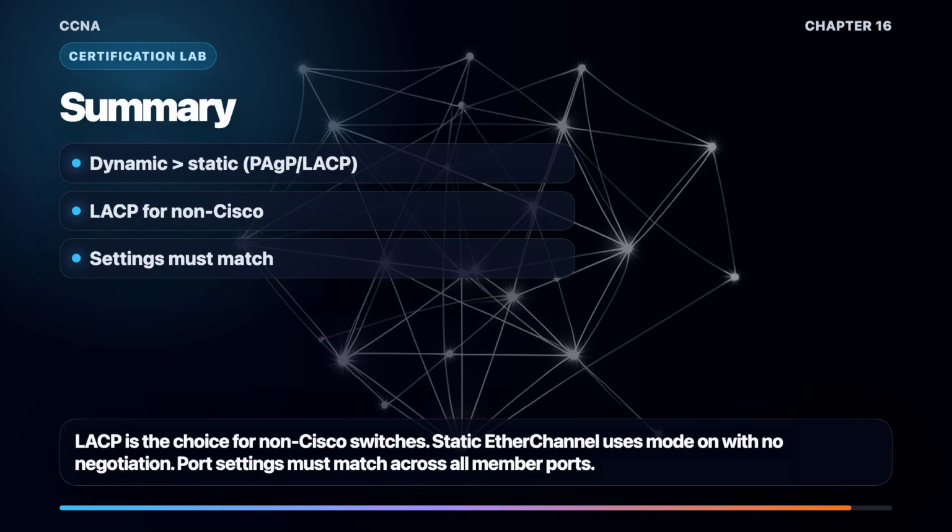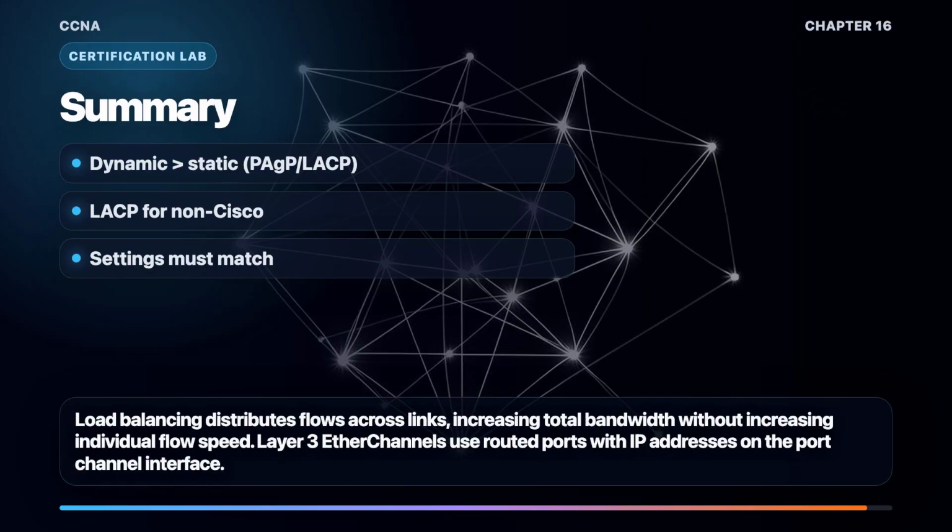Static EtherChannel uses mode on with no negotiation. Port settings must match across all member ports. Load balancing distributes flows across links, increasing total bandwidth without increasing individual flow speed. Layer 3 EtherChannels use routed ports with IP addresses on the port channel interface.